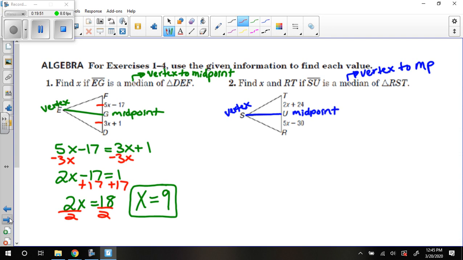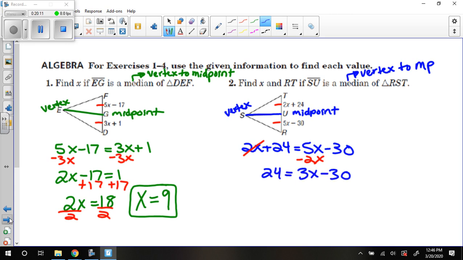Since U is the midpoint, I know these two sides are equal. So my equation is going to say 2x plus 24 equals 5x minus 30. Okay, we can subtract the 2x, and we get 24 equals 3x minus 30. We can add the 30. So we get 54 equals 3x.